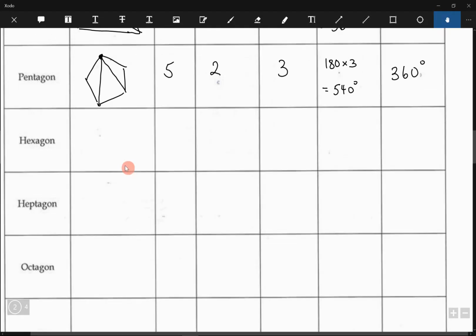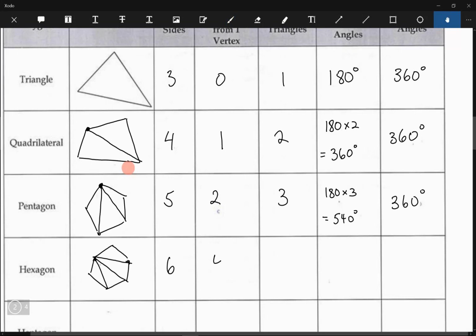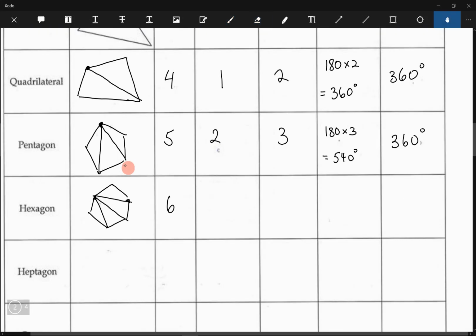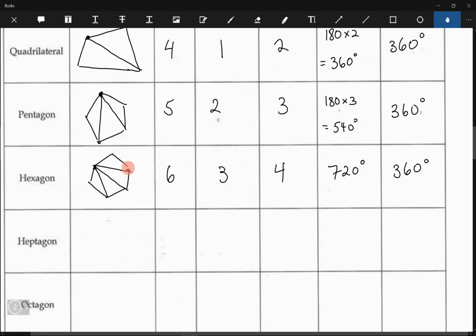Okay, so hopefully we had a chance to go through the rest of the table. I'm going to quickly go through the answers here. So here's my hexagon. And here's a series of diagonals. Okay, so six-sided shape. This is the number of diagonals, so I have 3 diagonals, 4 triangles, total sum of 720 degrees for my interior angles and 360 degrees for my exterior angles.